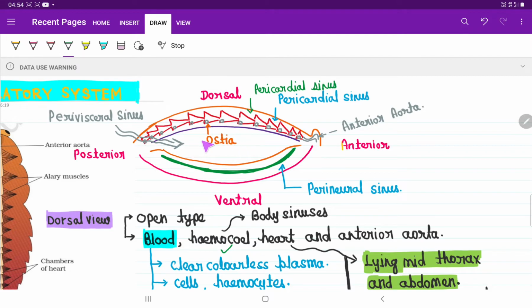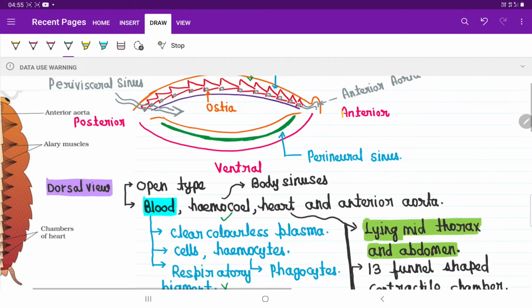And in between is the perivisceral sinus. Between the pericardial sinus and the perivisceral sinus, one structure is present, called the dorsal diaphragm. And between the perivisceral sinus and the perineural sinus, another diaphragm is present, called the ventral diaphragm, right?